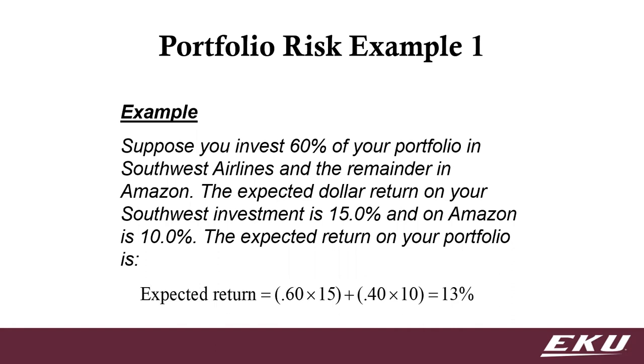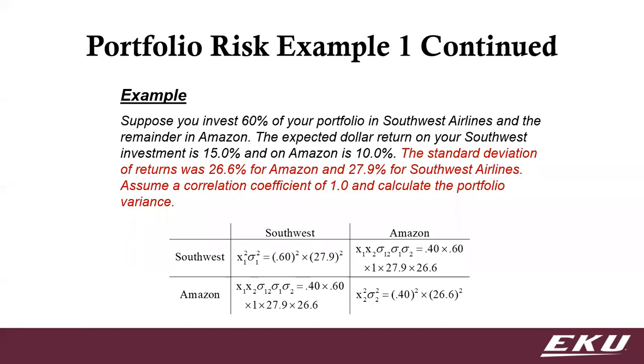It's the weight times the return for each of those, and you add them up. It'll be between 10 and 15, and of course, ours is 13%. Now we're going to add the standard deviation for returns, which was 26.6% for Amazon and 27.9% for Southwest, and assume a correlation coefficient of 1. That's that row, the correlation.